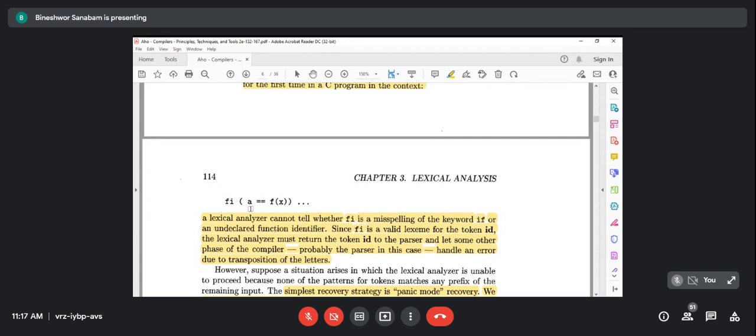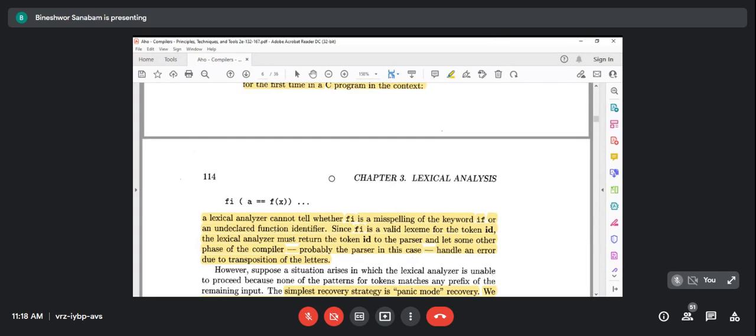So when it works with the parser and it has the idea of whether there's any declaration of an identifier with fi, such as int or char or whatever it may be, it will then understand that this fi is not a misspelling of if.